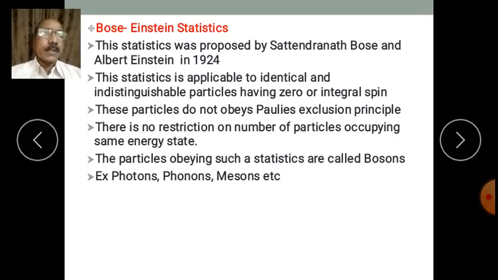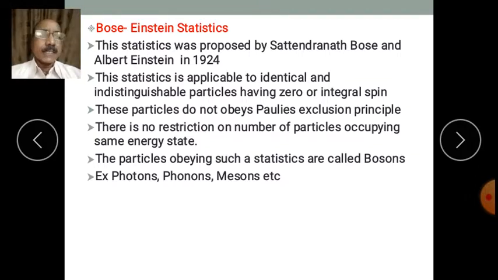Pauli's exclusion principle states that no two electrons can occupy the same energy state, or no two electrons can have all four quantum numbers the same. This principle is not obeyed by certain particles like photons, phonons, or Cooper pairs.